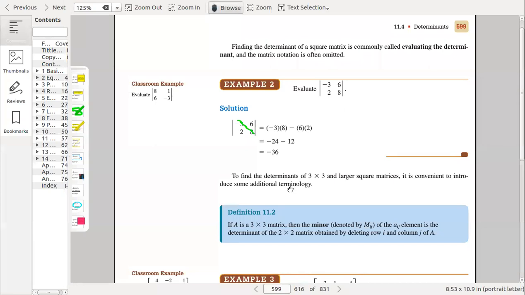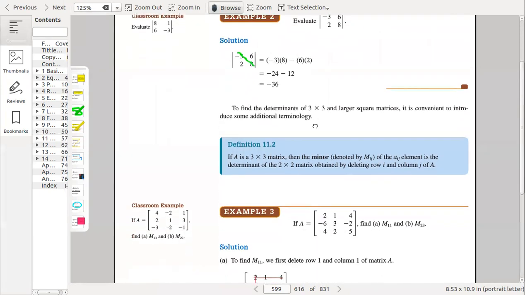To find the determinant of a 3 by 3 matrix or larger square matrices, it is convenient to introduce some additional terminology.